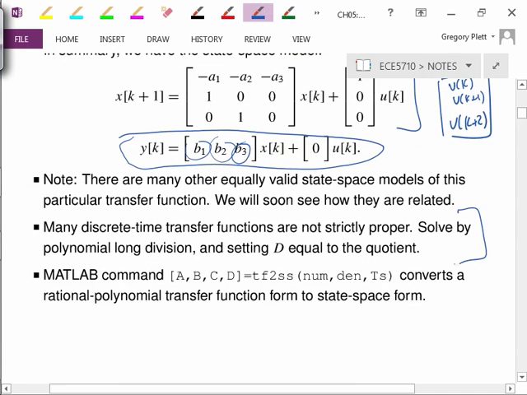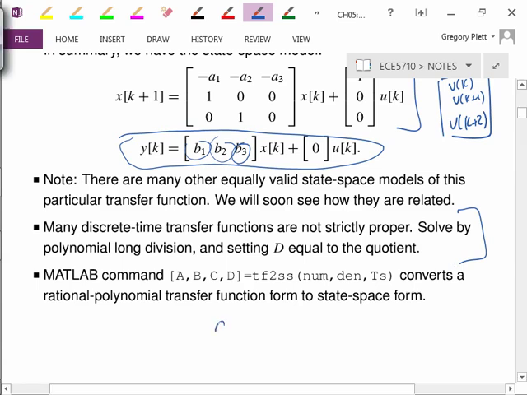A lot of discrete time transfer functions are not strictly proper. By that I mean that the order of the numerator of the transfer function could actually be equal to the order of the denominator. In this example, we had the order of the numerator less than, which made it a little easier to go through. But if we have a transfer function that is not strictly proper, then what we do is polynomial long division.